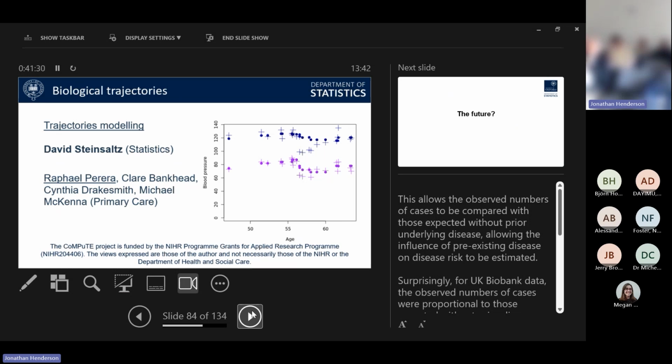And the basic idea is you have these sequences of measurements in an individual that are collected by GPs. So, for example, systolic and diastolic blood pressure, which are the crosses. And some of those changes will be noise. Some of those changes will be temporary, and then it'll recover. But other aspects will reflect underlying physiological change and changes in disease risk.